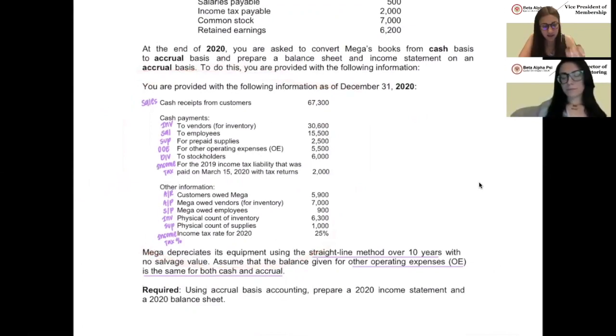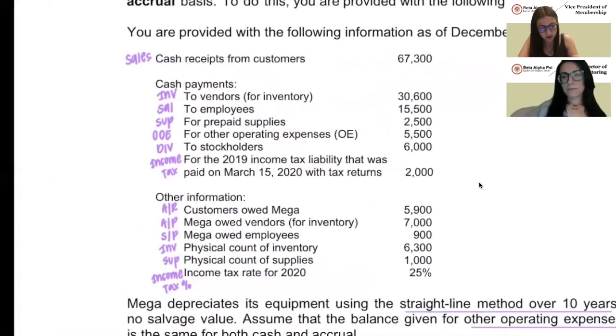So the first thing I like to do is to go through each number and categorize them so we can make the income statement a bit easier. First, we have our cash receipts from customers, and that has to do with our sales. Then we have cash payments that happen during the year.